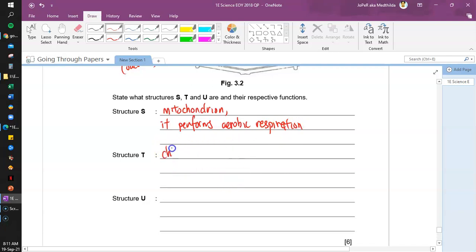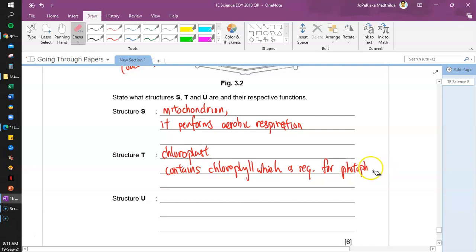Next, T is the chloroplast. So what do the chloroplasts do? They contain chlorophyll, which is required for photosynthesis. Without the chloroplast, there's no chlorophyll. Without the chlorophyll, there's no photosynthesis.